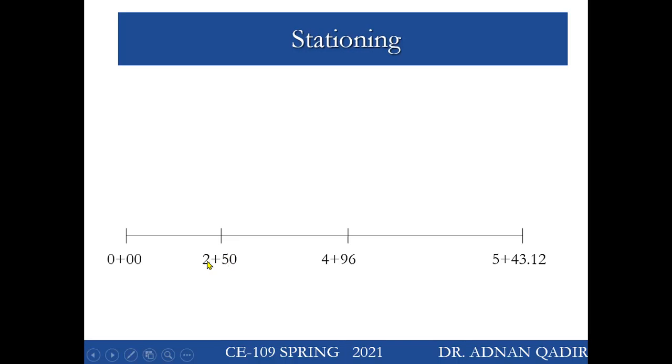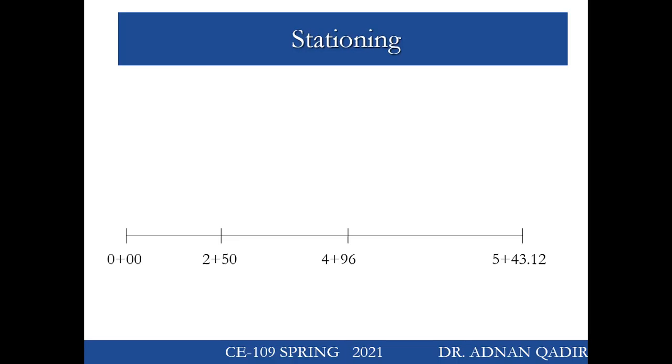So that means 2 full tapes and 50 feet remaining till this point. When we reach this point, we have completed 4 tape lengths, that is 400 feet, and the last step could not complete 100, actually it completed 96, that's 496.